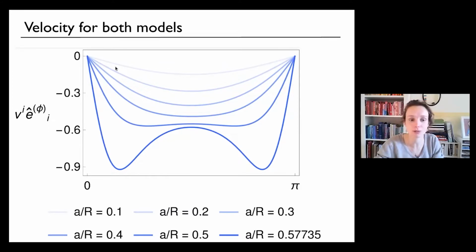It's axisymmetric, of course, but it changes. It's zero at the poles, and then it becomes either maximized near the equator, or as a over r gets large, it has this particular interesting shape. And what you see again is this nice physical feature, that this velocity is always less than 1, right? Meaning that we're not going faster than the speed of light, so we're staying within this Newtonian regime.